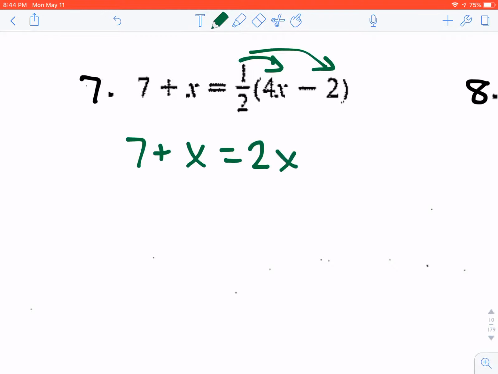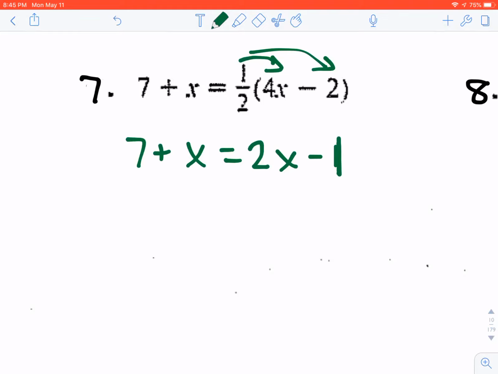Or just ask yourself, what's 1/2 times 4? 2. Make sure you slide your x down. And then 1/2 times -2, you could type into your calculator 1 divided by 2 times -2, which is -1. Once you distribute that fraction through, if your fractions are gone, you're good.